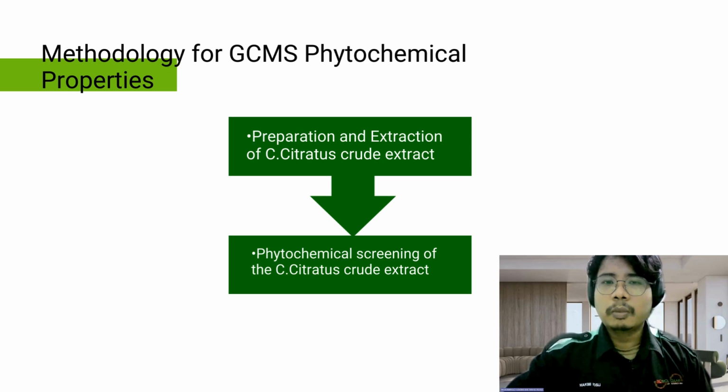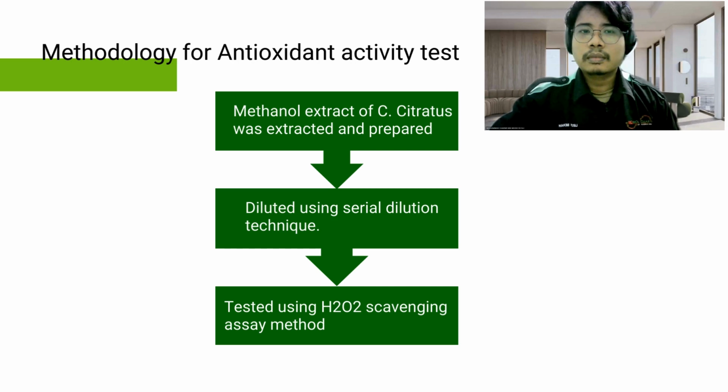For the phytochemical test, GCMS was used for profiling the chemical components in C. citratus methanol extract. While for antioxidant activity, the H2O2 scavenging assay was used to detect any scavenging activity of the Cymbopogon citratus methanol extract.